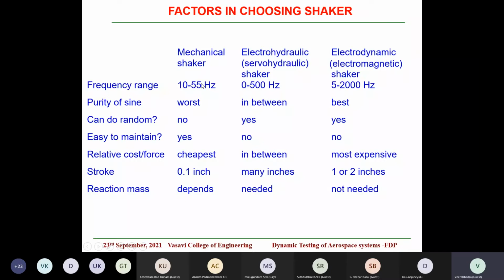Then with the advancement of the 1970s and 80s, electrohydraulic shakers came, which could generate from DC to 500 hertz. With the advancement of electrodynamic shakers, we are now able to simulate between 5 and 2000 hertz.